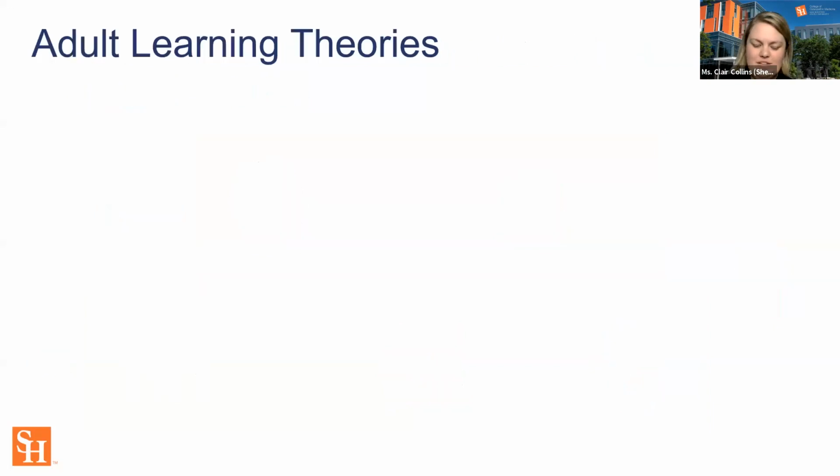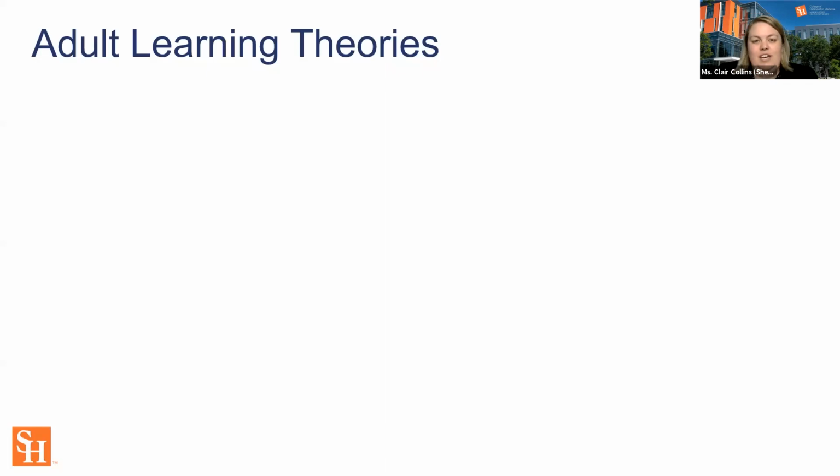So we're going to talk a little bit about adult learning theories. I mentioned that a lot of this is really foundational, and that we'll go more in depth on strategies in our next session. But I want to talk about the three theories that you really see all the time.